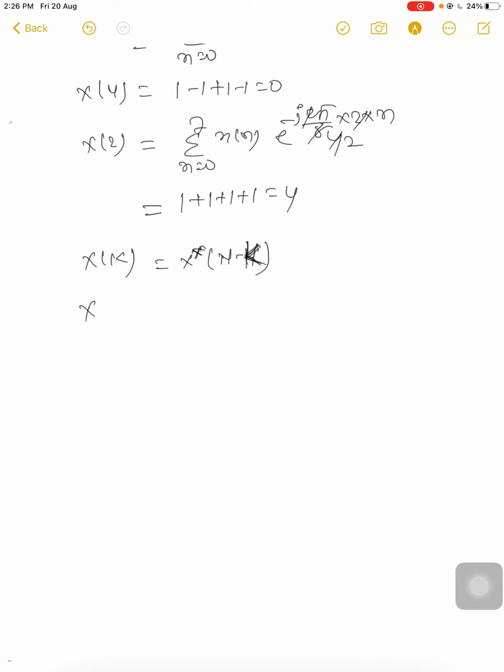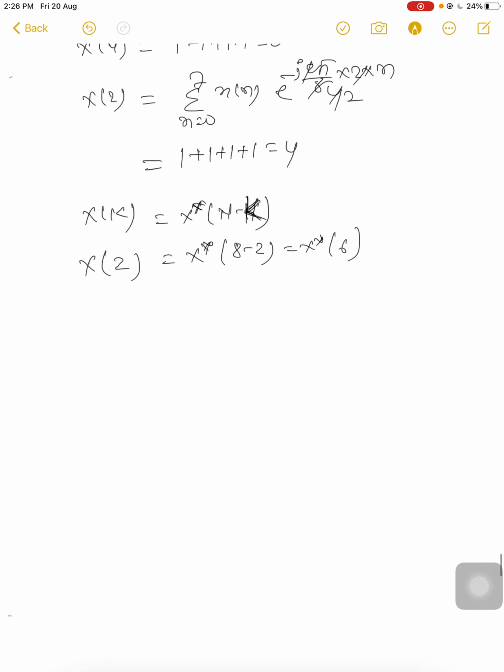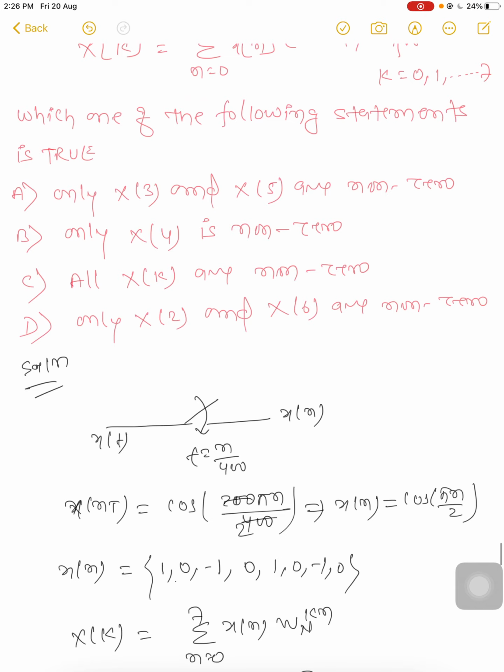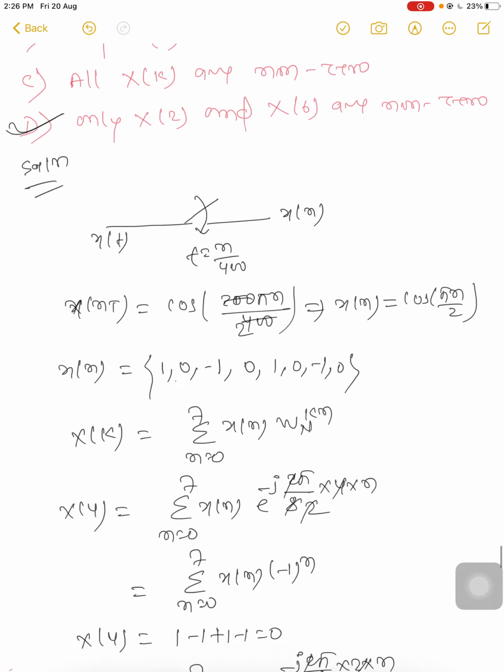Since we know X2, X2 is equal to the complex conjugate of X minus 2, that is X6. So only X2 and X6 are non-zero, otherwise all will be 0. So X2 and X6 are non-zero, and the right answer will be option D.